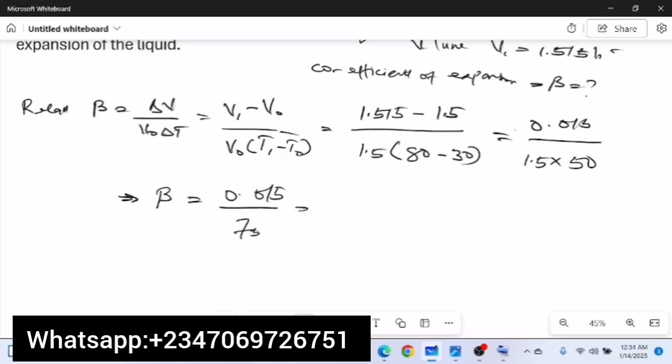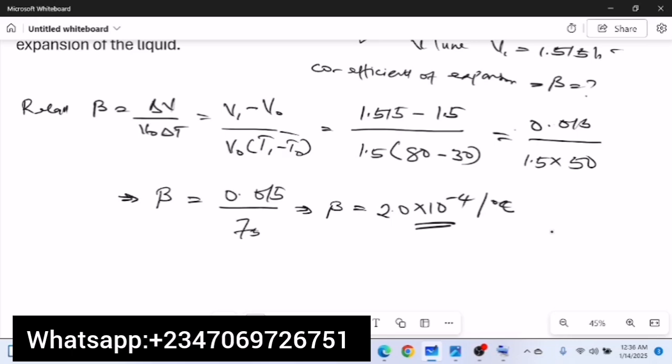So the coefficient of thermal expansivity becomes 0.015 divided by 75. So we simply have 2 by 10 to the power of negative 4. So that gives us 2.0 by 10 to the power of negative 4 per degree Celsius. Okay, per degree Celsius. So that becomes the answer to that given question.